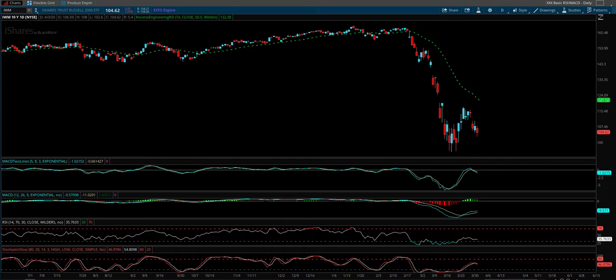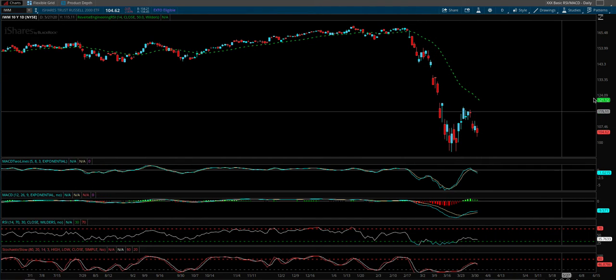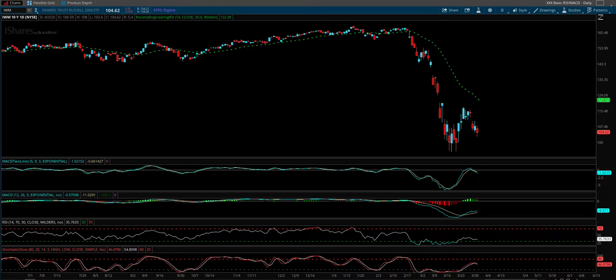All right, so divergences basically mean that the indicator and the price are going in two different directions, and they suggest different things. So you have a regular divergence, which suggests a potential reversal in trend, and you have a hidden divergence, which suggests a potential corrective move.